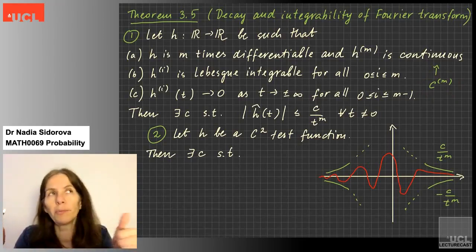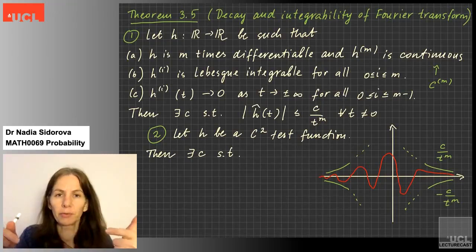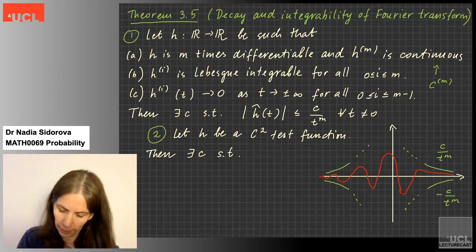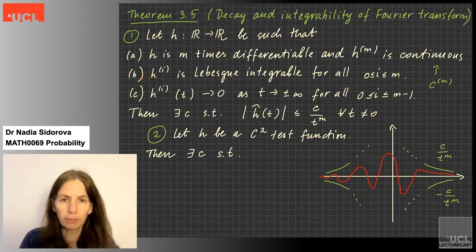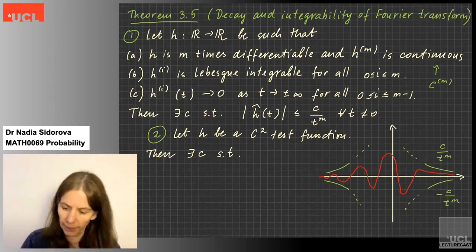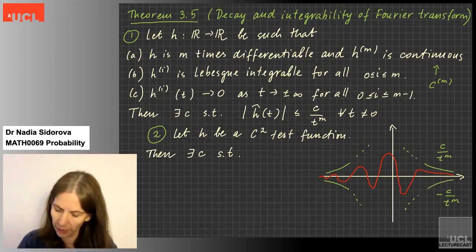I mean, all meaning the first derivative and the second derivative. We don't know if any further derivatives exist, but h first derivative, h second derivative will all be compactly supported, and therefore they will be integrable, and therefore they will tend to 0 as t goes to plus and minus infinity.